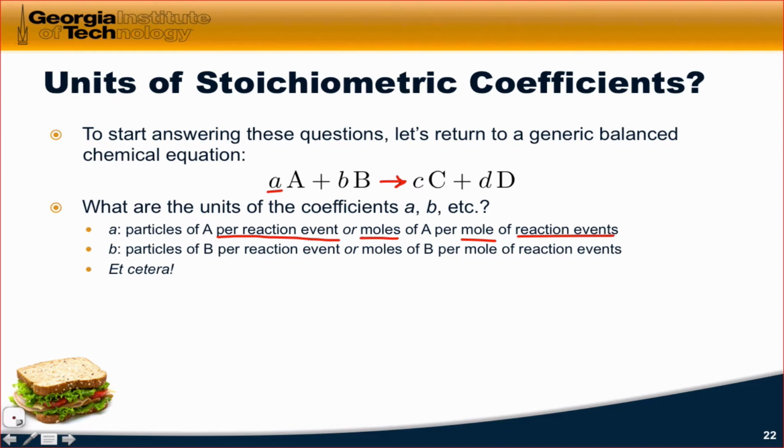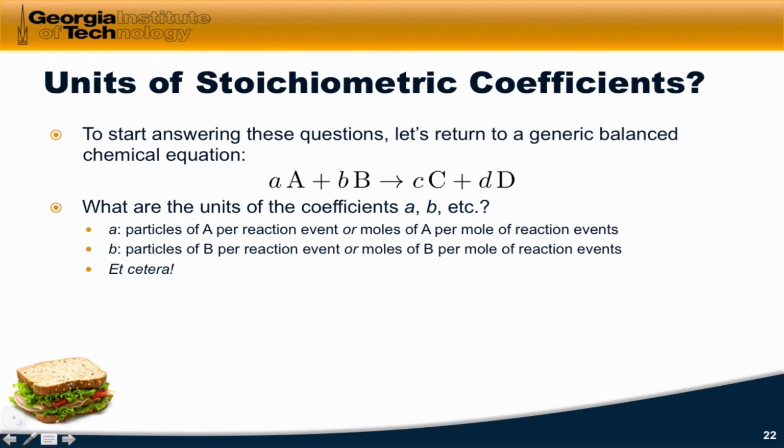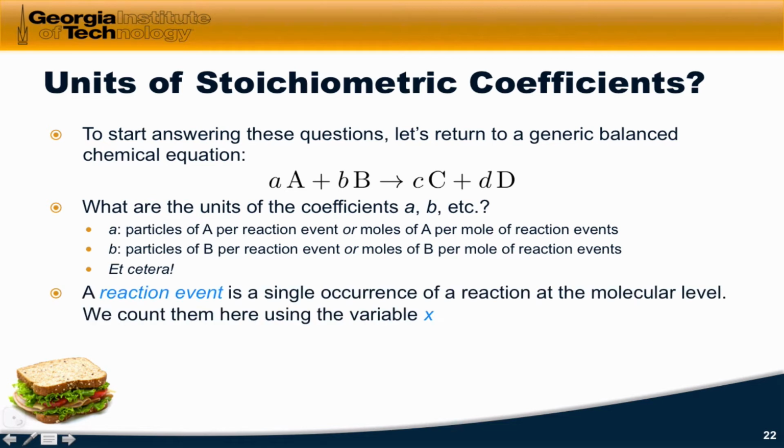And so I've written out two examples for A and B, but of course the same idea applies to C and D. This idea of a reaction event is actually quite useful for understanding limiting reagents, and it's a concept we'll return to again when we talk about thermodynamics and how to develop intensive thermodynamic parameters for chemical reactions.